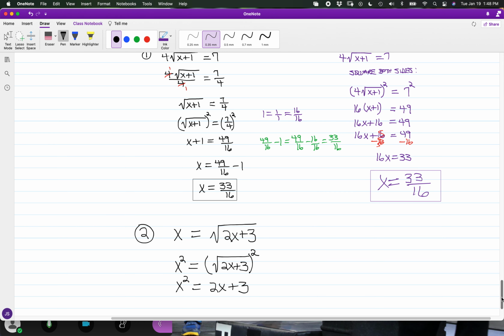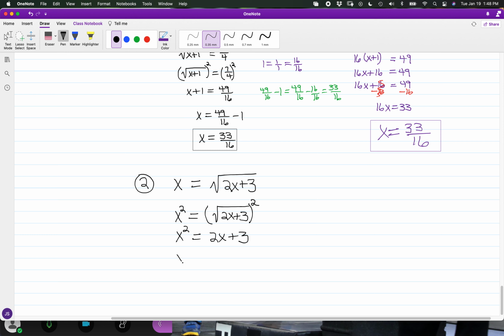Now I have a quadratic equation that is set up. And if I rewrite in standard form, so I'm going to remove the 2x and the 3 by subtracting.